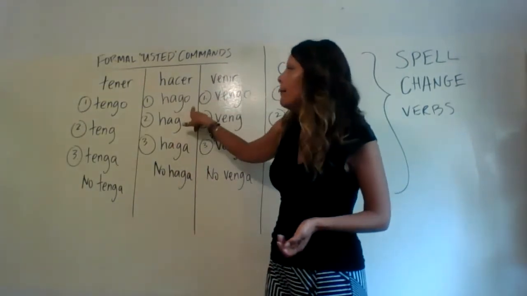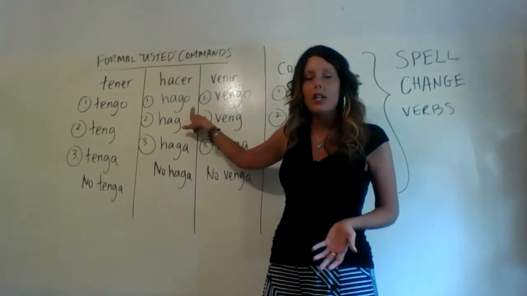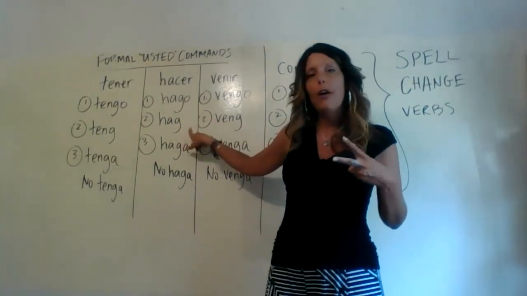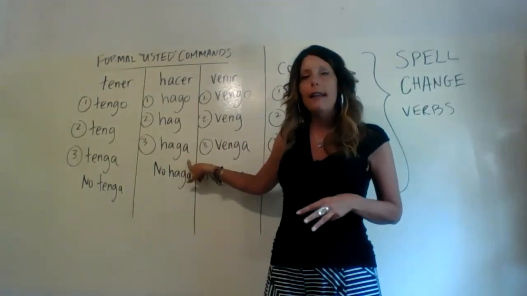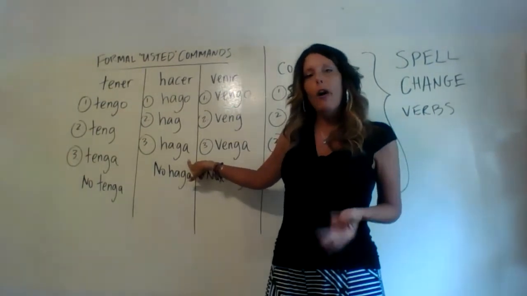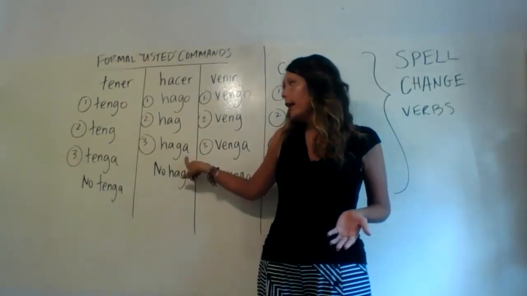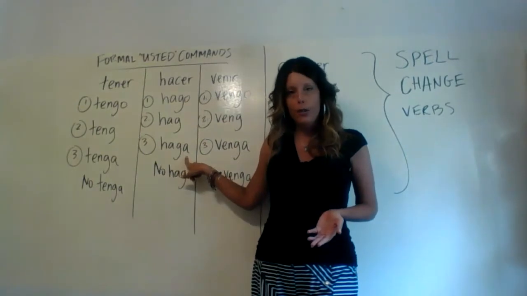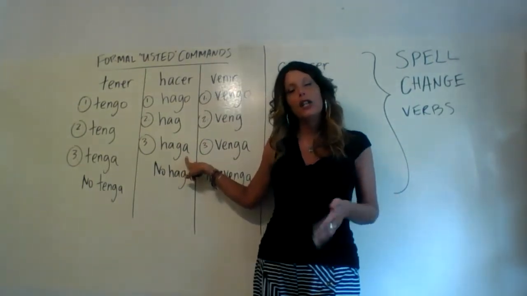So first step, yo conjugation of the present tense, hago, H-A-G-O. Then step number 2, I drop the O. Then step number 3, I add opposite endings. Since hacer is an ER verb, my opposite ending in order to make the formal usted command would be the letter A. So my formal usted command for the verb hacer, to do or to make, is haga, H-A-G-A.